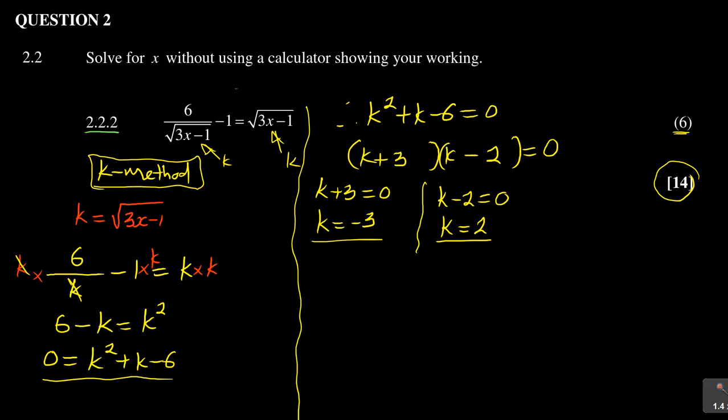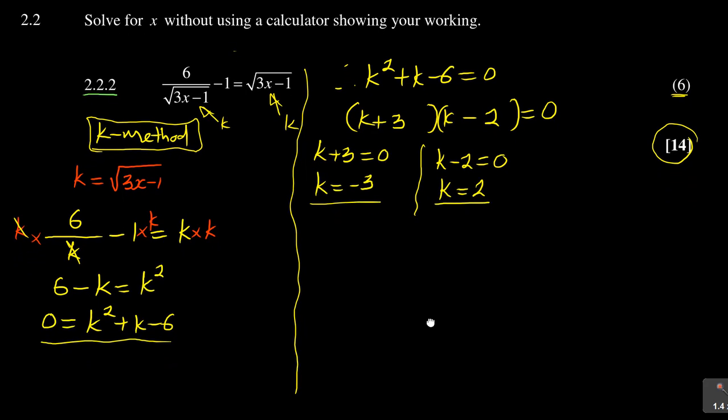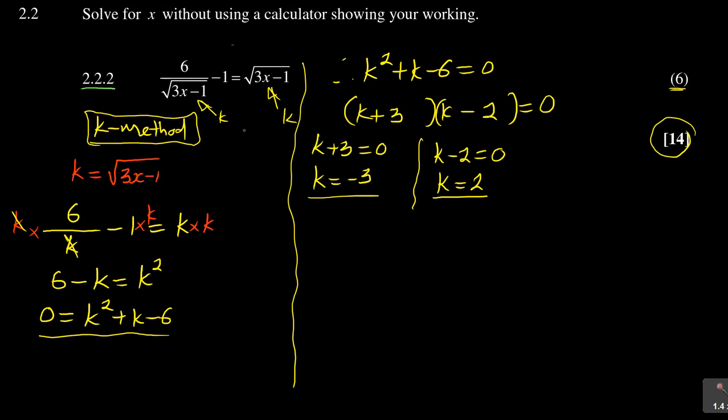So I've got two values of K, but remember, this is not my answer. I said let K, remember the assumption, K is equal to square root of 3x minus 1.